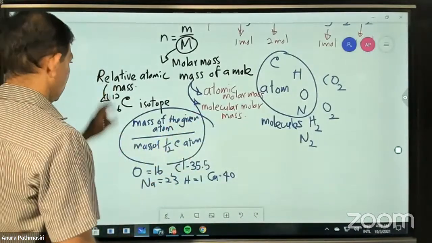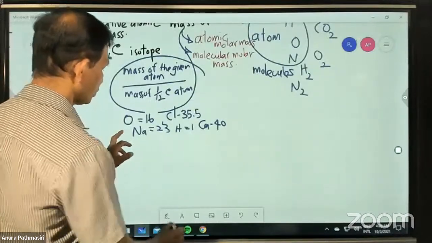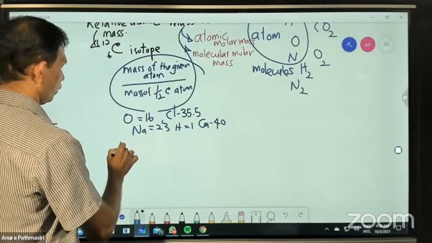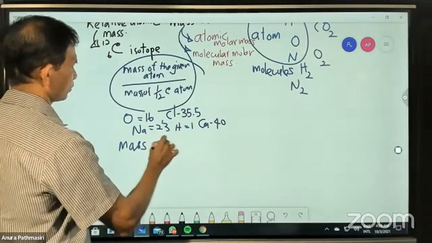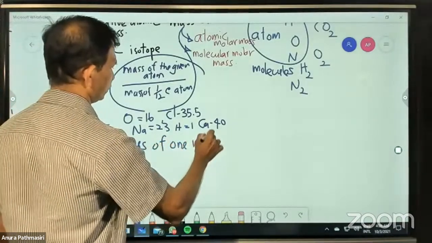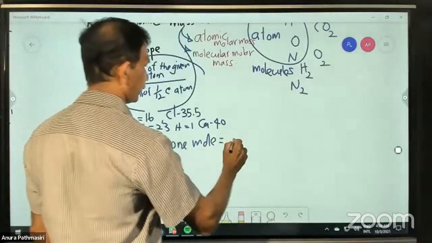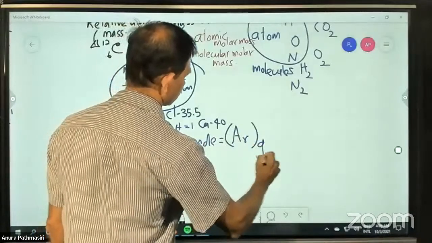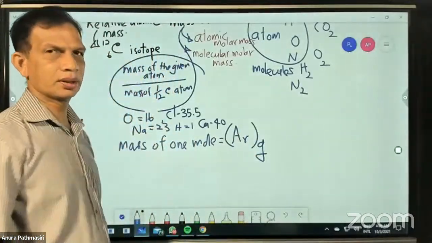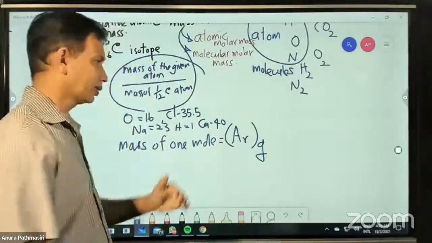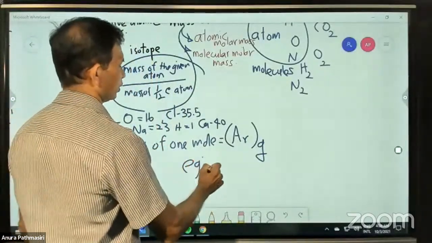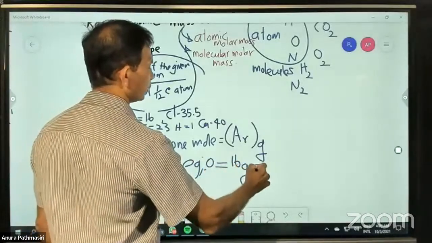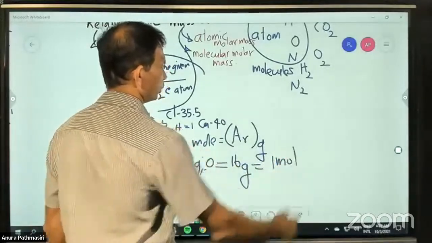So the mass of one mole equals the relative atomic mass considered in gram. For example, oxygen 16: oxygen 16 gram, there you have 1 mole.